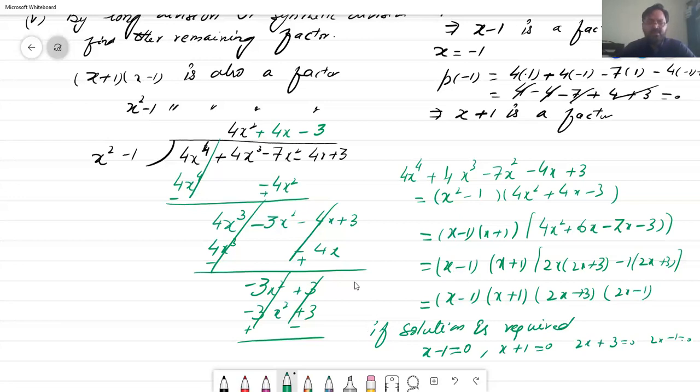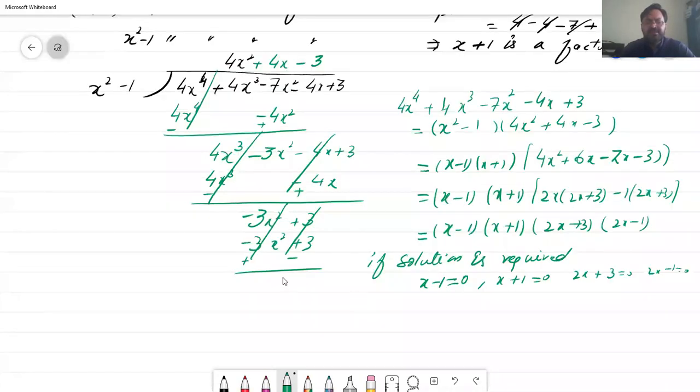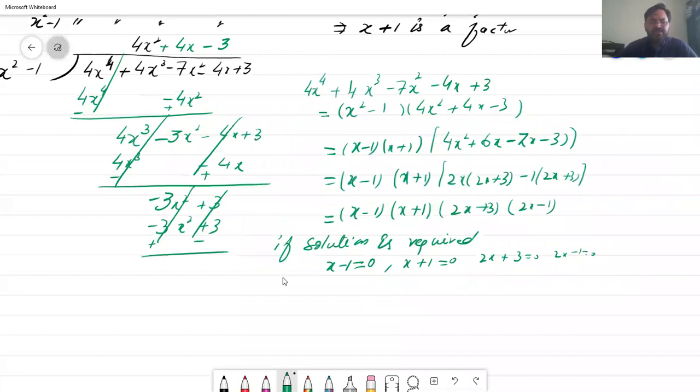The first value of x will be 1. The second value of x will be minus 1. The third value of x is minus 3 by 2. And the fourth value of x is 1 by 2. So these are the four possible answers.